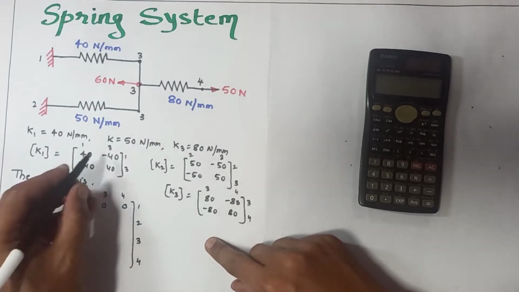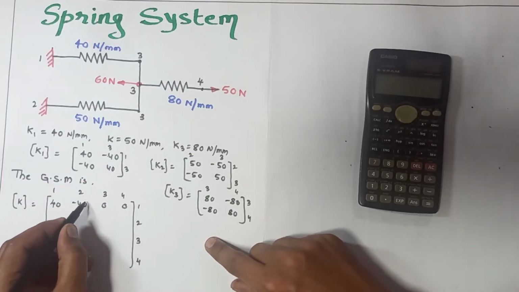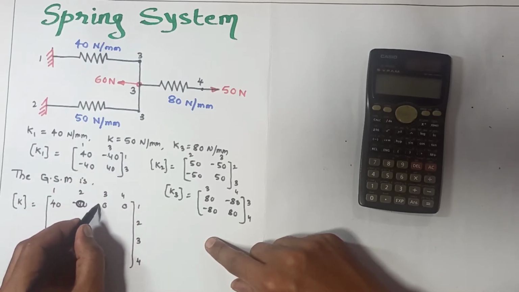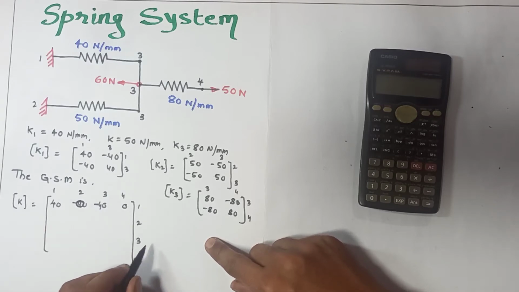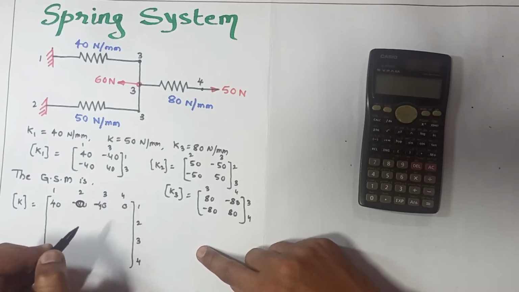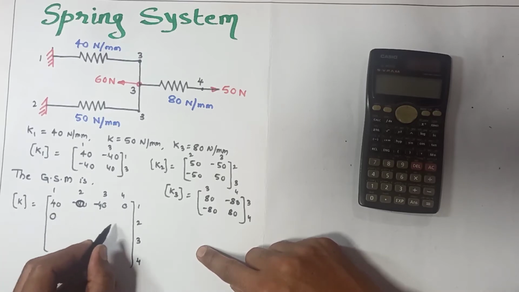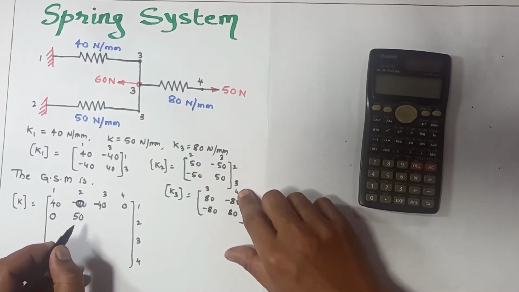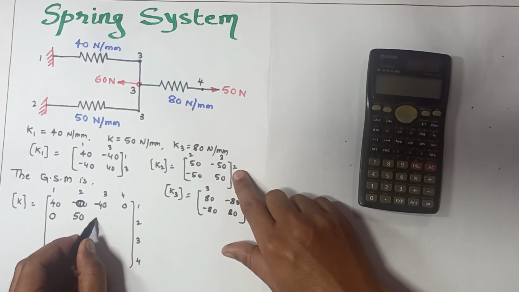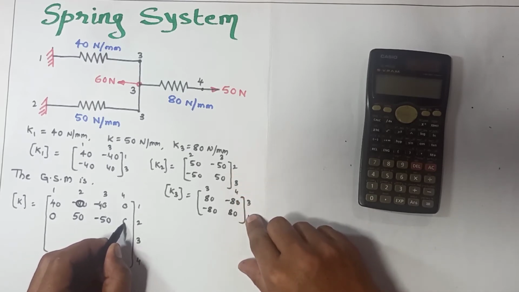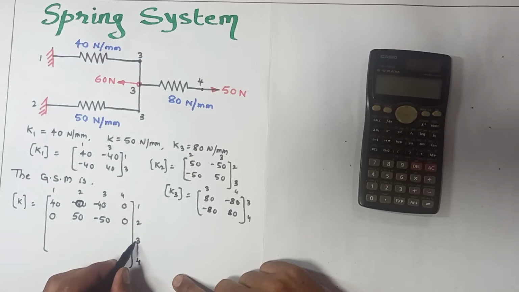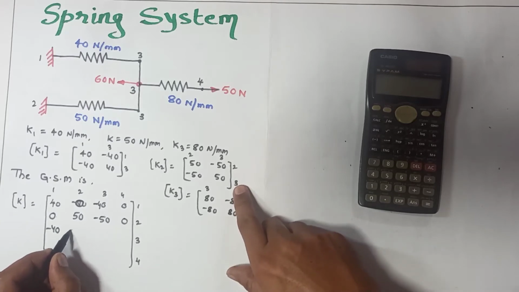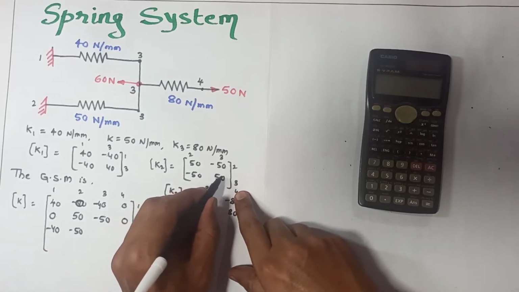Yes, correct. So 1 to 1 it is 40, 1 to 2 will be 0 here. And 1 to 3 will be minus 40. Now 2 to 1 is again 0, 2 2 is 50, 2 3 is minus 50, 2 4 is 0. 3 1 is minus 40, 3 2 is minus 50, and 3 3 is 50 plus 40, which is 90.